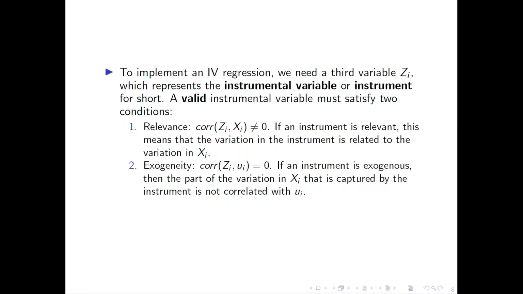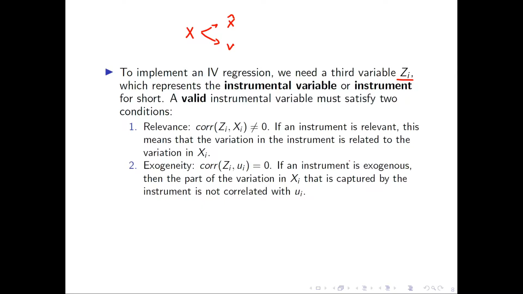Remember that to do the instrumental variable regression, we need to split the x variable into an x hat, which is not correlated with the error term, and a component v, which contains all the information which is correlated with the error term. To do this split, we need a third variable, which we call z, and this is the instrumental variable.